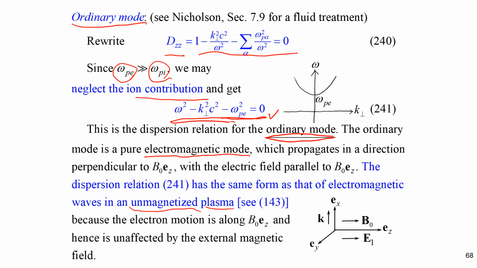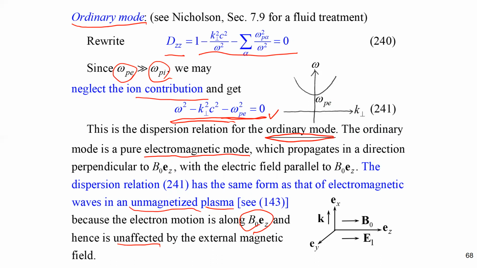So the magnetized plasma and unmagnetized plasma have exactly the same form. That's called the ordinary mode. It is unaffected by the external magnetic field.